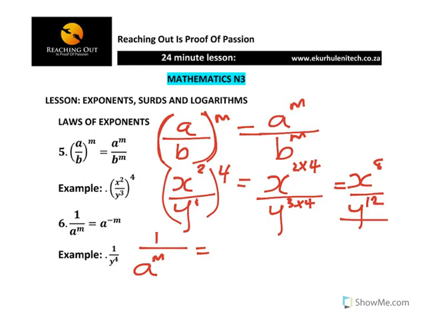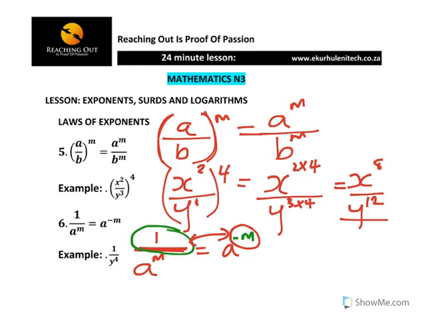Now, whenever you're given something like this, it means when you see the division sign over, now I'm going to use another pen, for you to take it and remove this division sign, you are going to write it as a to the power negative m. So this negative m is a way of removing the division sign.